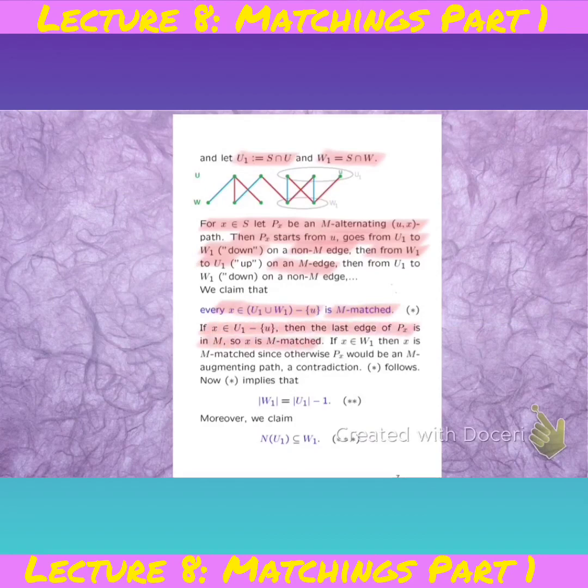Okay, so that is what they say here. Everything I've said up until now is pretty much talked about here. So every vertex X in U1 union W1 without U is definitely M matched. Okay, so now from star, what does star imply?